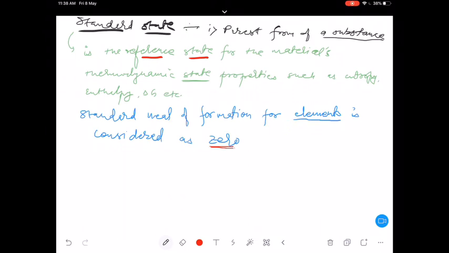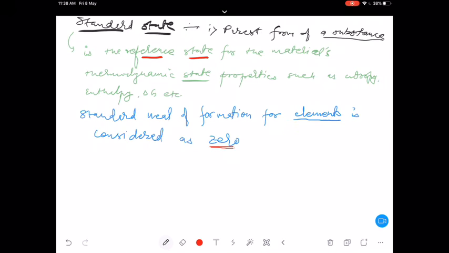Carbon 14 also, if it is present in the form of graphite, then it will be the standard state of carbon 14. We are not introducing the concept of radioactivity here, because if I introduce radioactivity or nuclear chemistry, we can see some enthalpy change when carbon 14 decays into carbon 12.